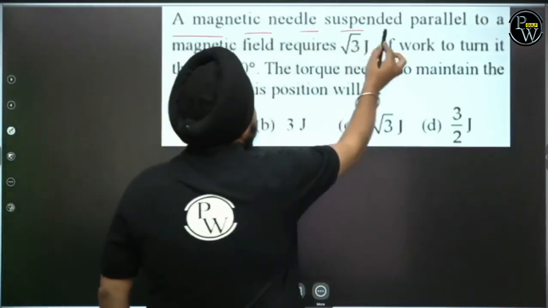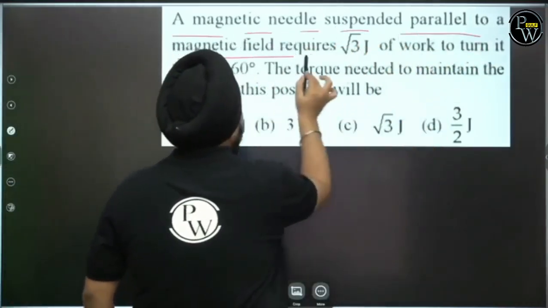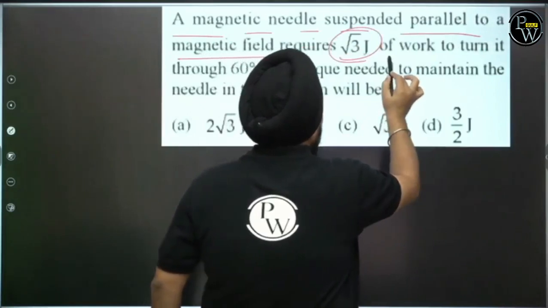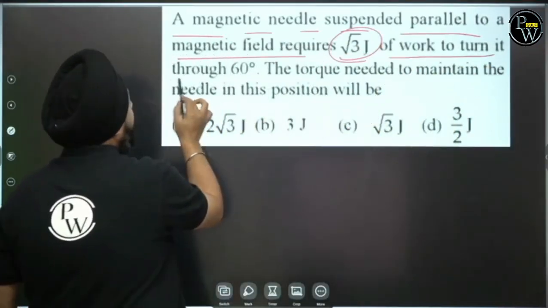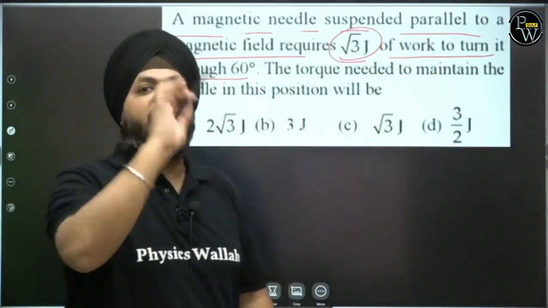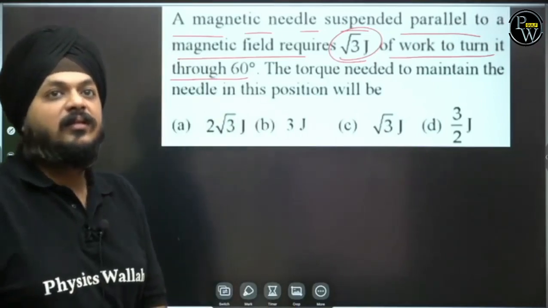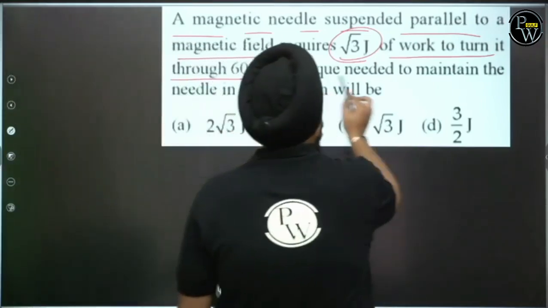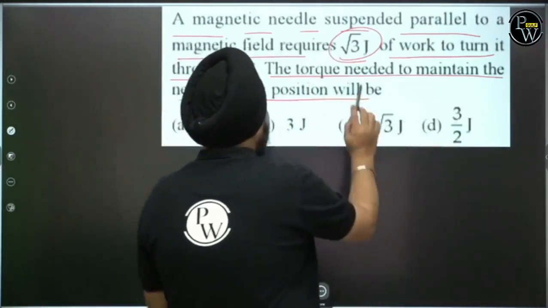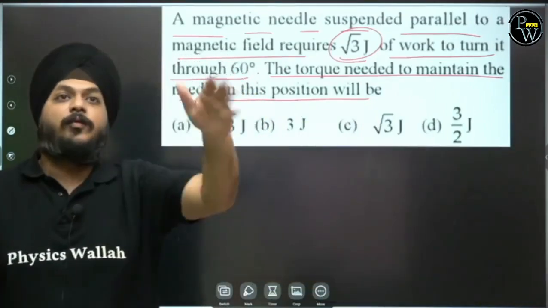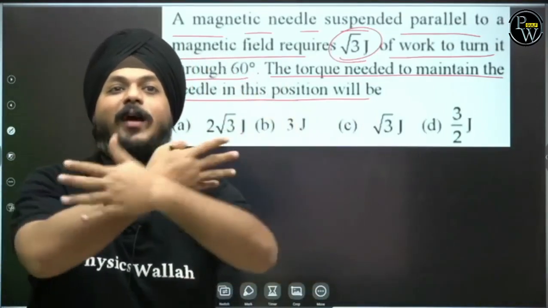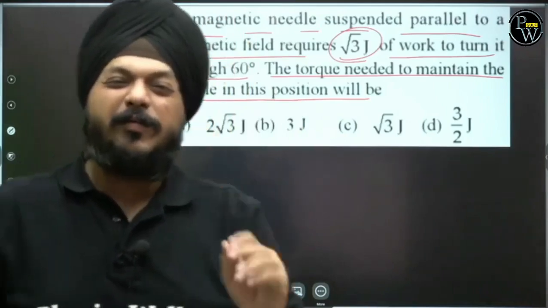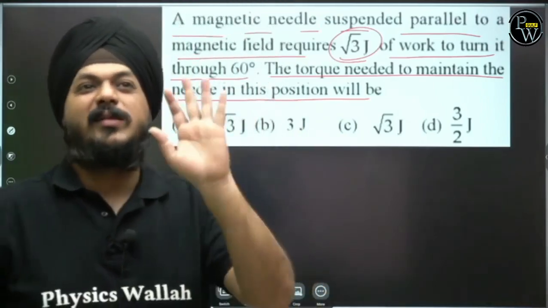A magnetic needle suspended parallel to the magnetic field requires √3 joule of work done to rotate through 60 degree. What torque is needed to maintain the needle in its position? Again, work done and torque are against each other. In the maximum number of cases, work done and torque are always against each other.